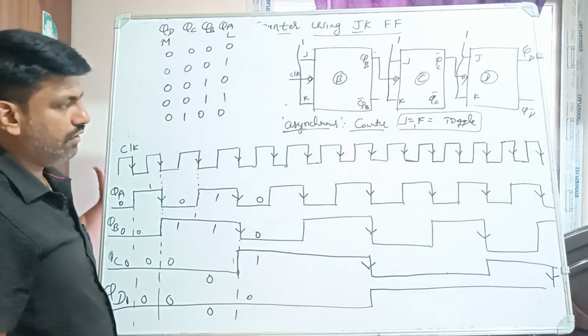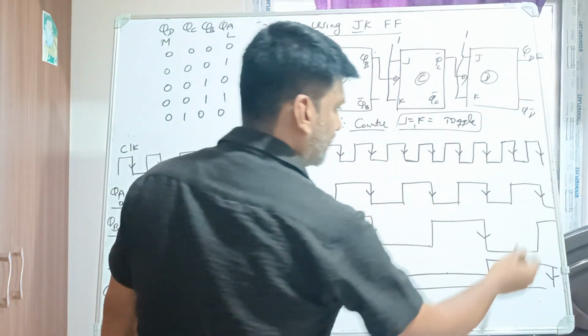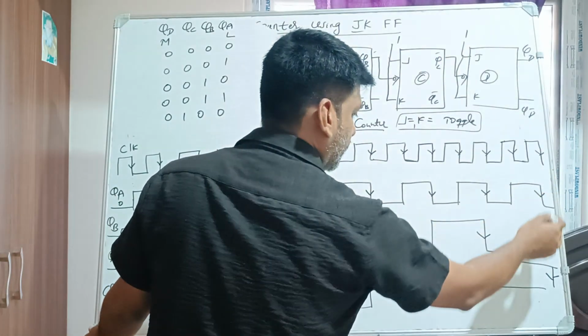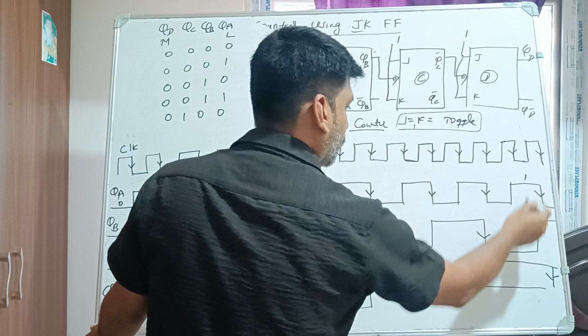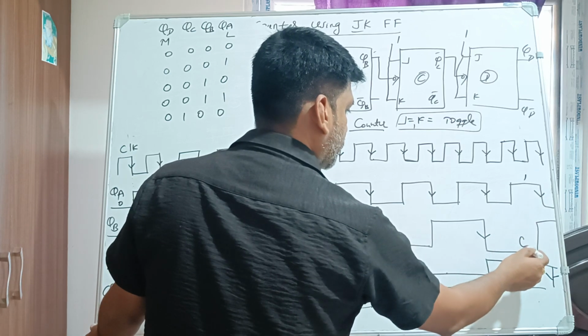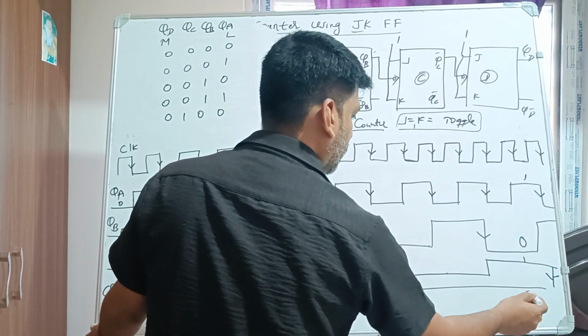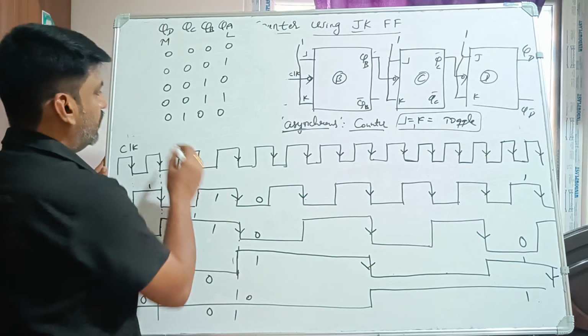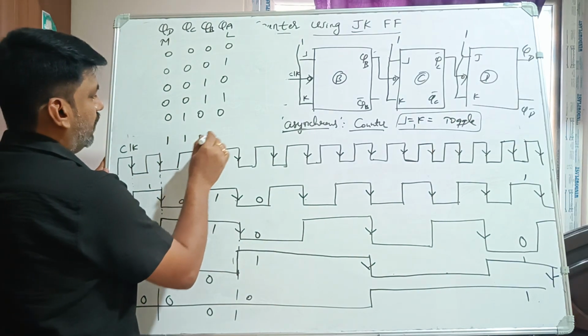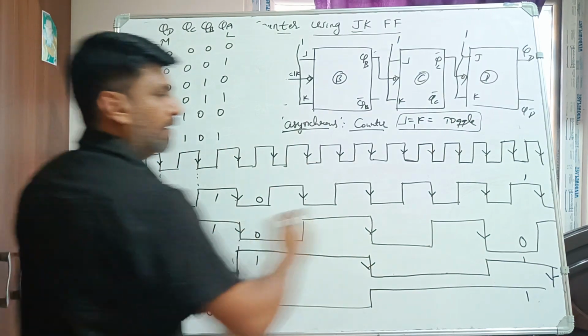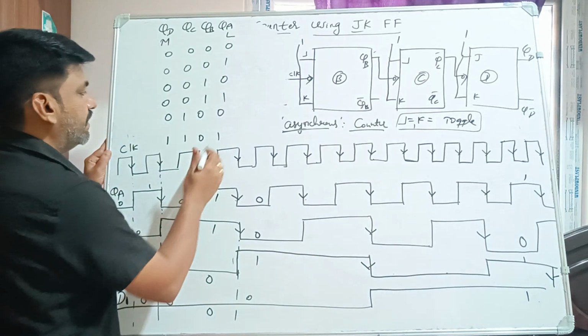It will go on up to the last stage. You can see the last stage here. So here it is 1 1 0 1. Still the board is not sufficient, so we have restricted up to this one.